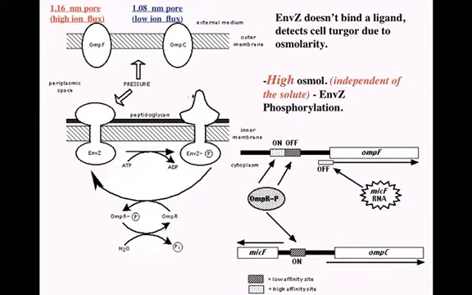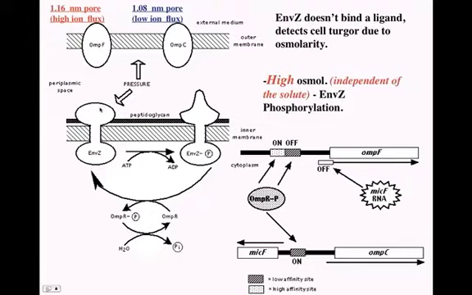What you're seeing here is that the artist has represented the conformation of the signal input domain of ONZ as being somewhat collapsed under high solute concentration, as if somehow by osmolarity that protein has been collapsed.